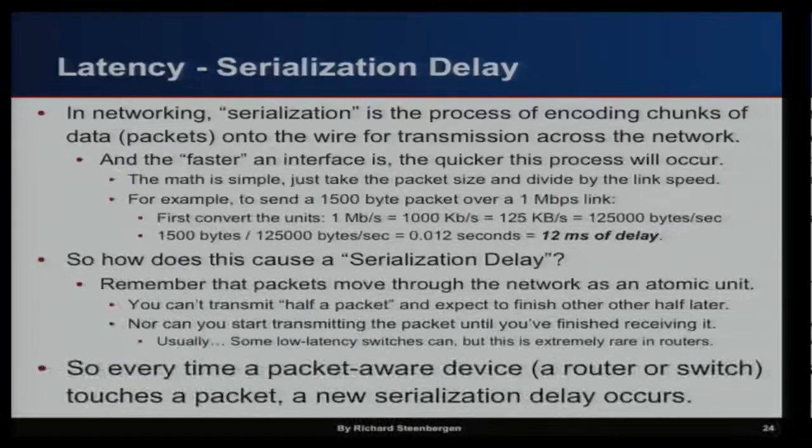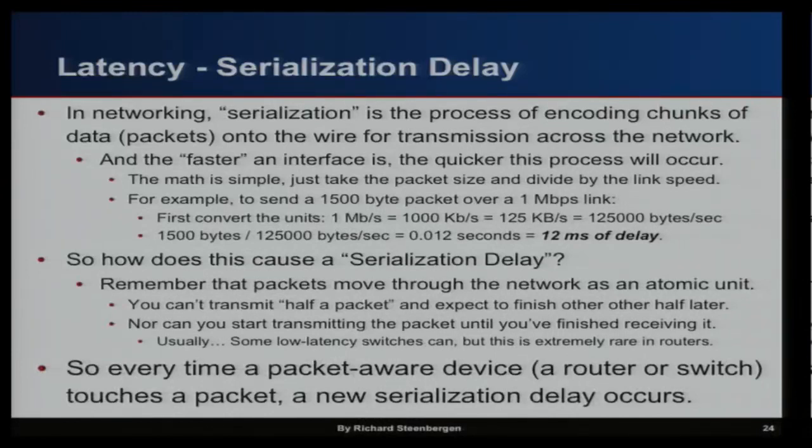So serialization delay, like I said, is the process of encoding the data into chunks. If I send a 1500 byte packet, you can't start transmitting the packet's first byte until you've received its last byte. So there will be a delay as you chunk it. The math works so that the faster the interface, the quicker the process will occur.